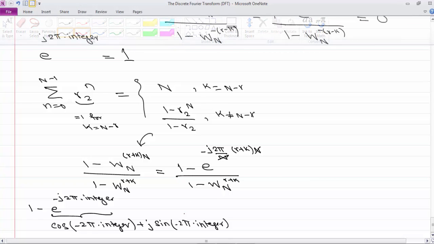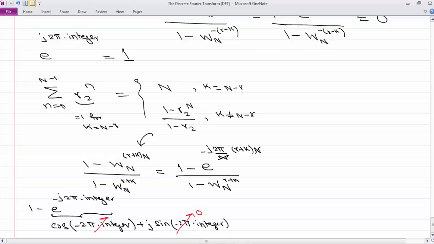And we know that at any multiple of 2 pi, sine is 0, and at any multiple of 2 pi, positive or negative multiple doesn't matter, cosine is 1. So this whole thing is 0. So this whole sum is 0 divided by 1 minus Wn r plus k, which is equal to 0. So it turns out that the second sum is N for k equal to N minus r and 0 otherwise. Right?